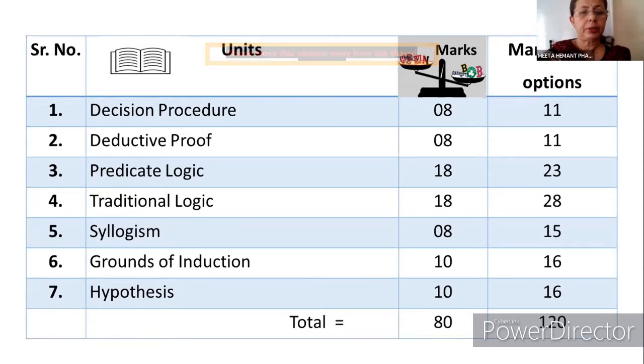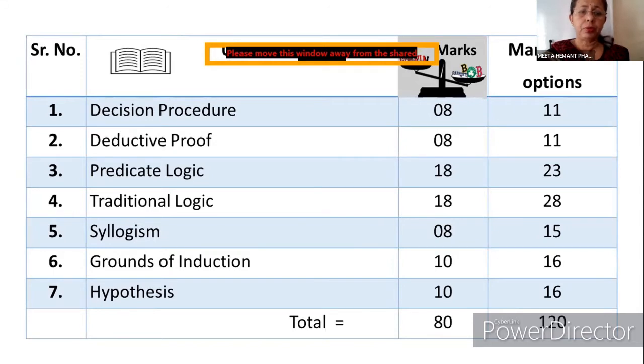Then the fourth is the traditional logic. It carries 18 marks again. So these two chapters, 3 and 4, are very important because the weightage is more for them, and in option it carries 28 marks. Then syllogism carries 8 marks.